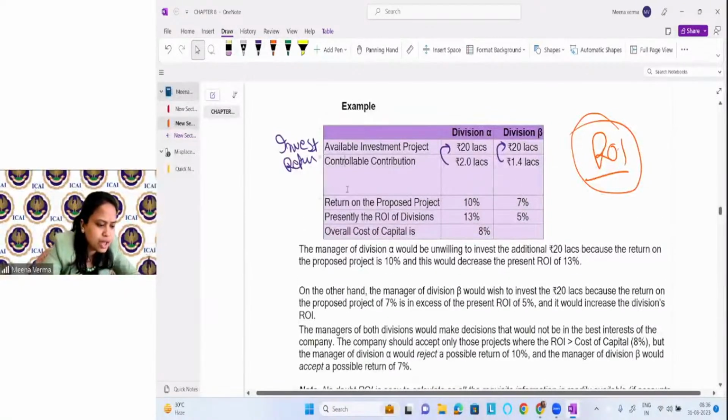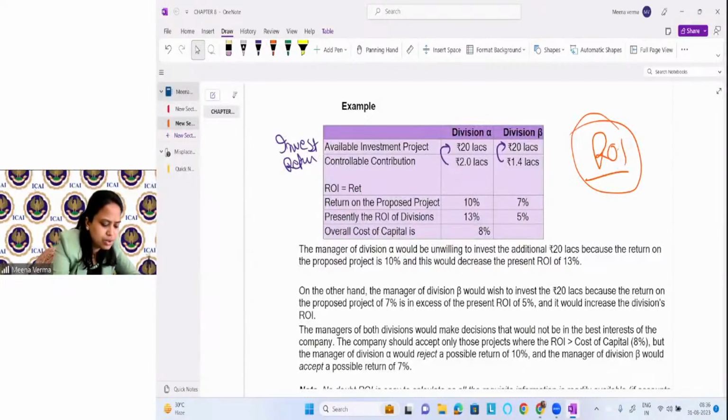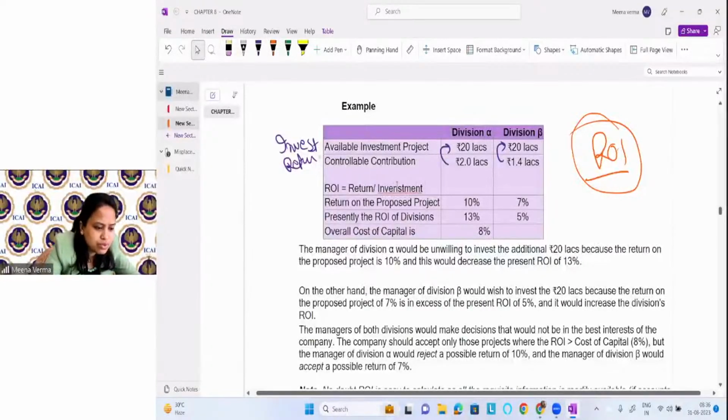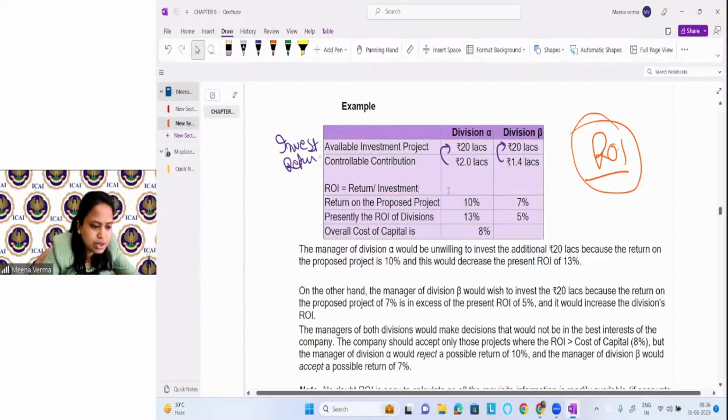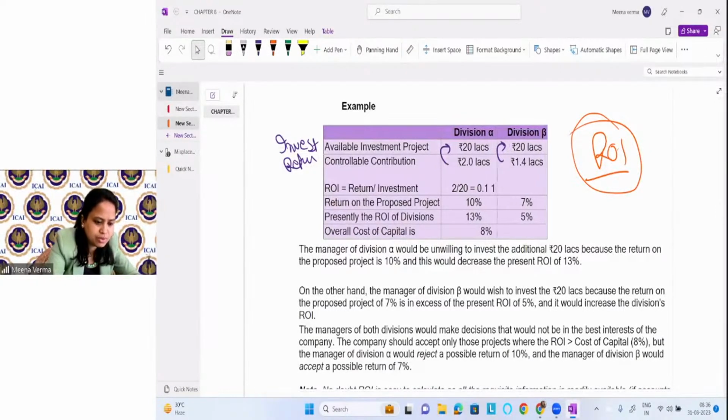So if you want to calculate ROI here, ROI is actually what return you are earning divided by what is your investment. So both investment and what return you are earning is given, right? So it will be 2 divided by 20. 2 divided by 20 will be 10%.